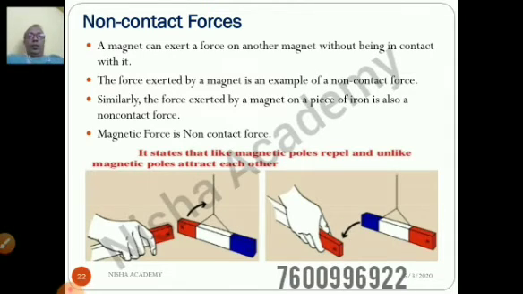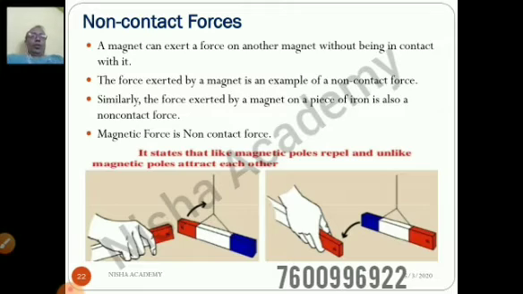Now see the figures below. Two bar magnets are shown, and in the previous standard we had seen that like magnetic poles repel each other and unlike magnetic poles attract each other. So what happens here? The north poles will repel each other.